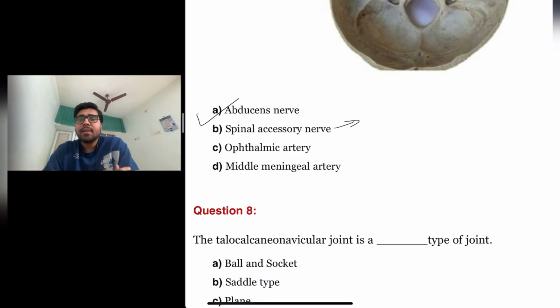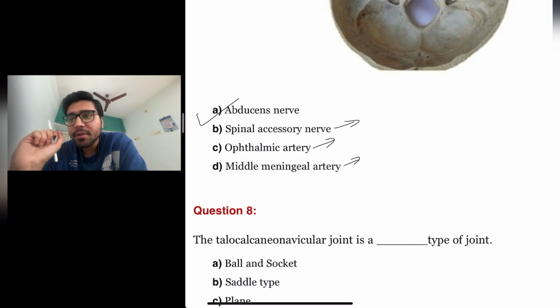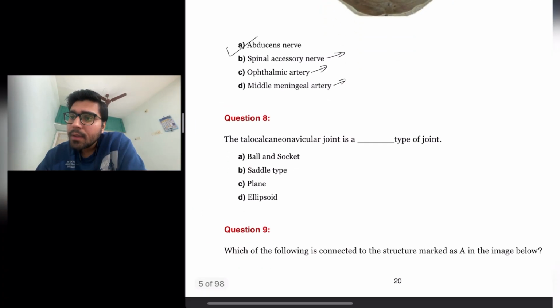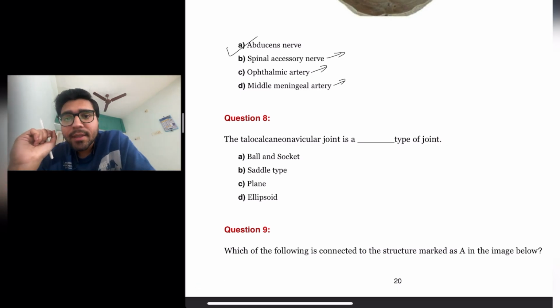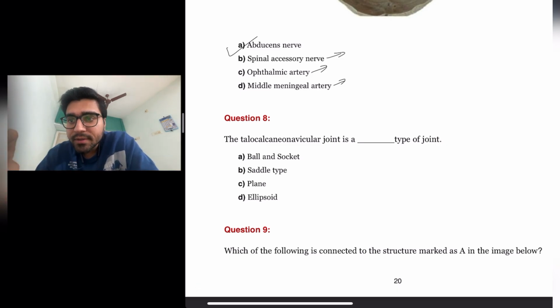The spinal accessory nerve passes from the foramen magnum. Ophthalmic artery passes from the optic canal, and middle meningeal artery passes from the foramen spinosum with the mandibular branch of trigeminal nerve. The talocalcaneonavicular joint is a type of ball and socket joint. This is a very simple and straightforward question.